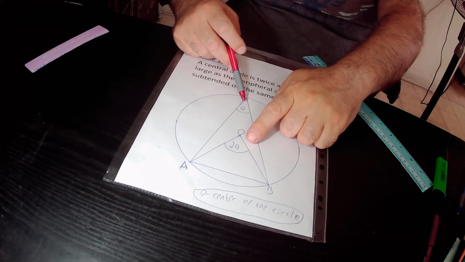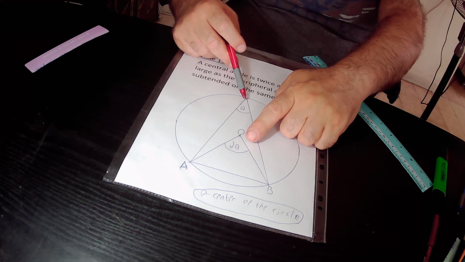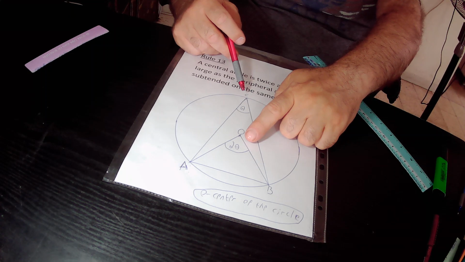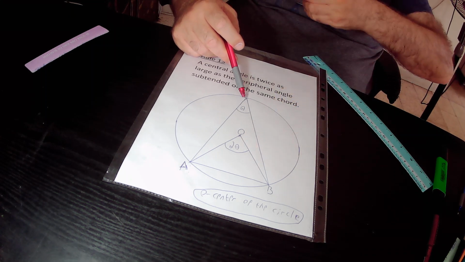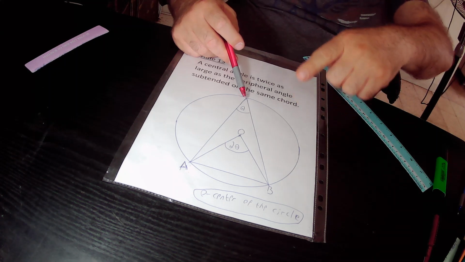When you have a peripheral angle and a center angle that are both subtended on the same chord, then the size of the center angle must be twice as large as the size of the peripheral angle subtended on the same chord.